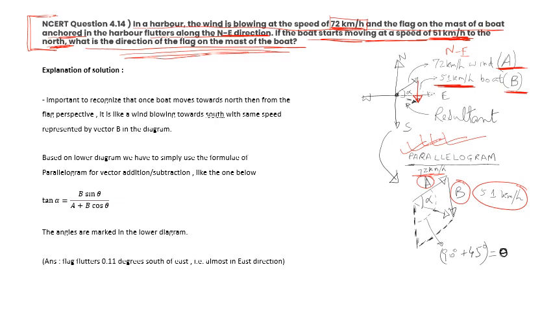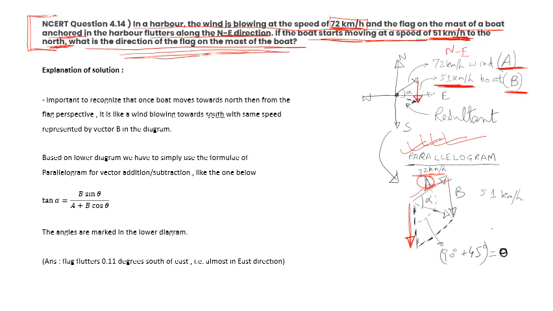What we have already been given is that vector B is in the south direction, north to south, while vector A is 45 degrees to the east direction. If you look at this diagram, this is vector A, and this is the same direction as vector B, which I am pointing.